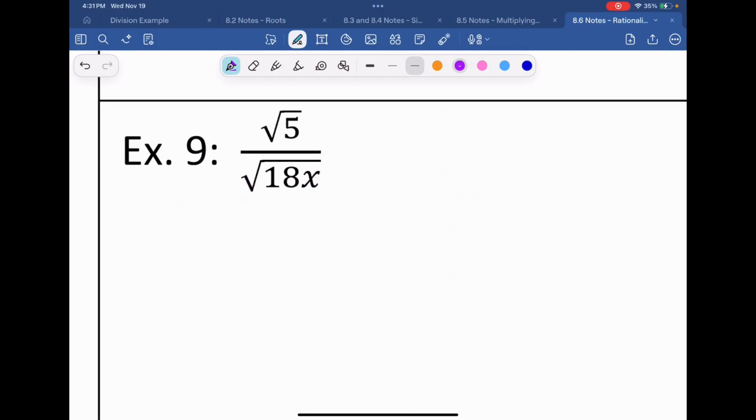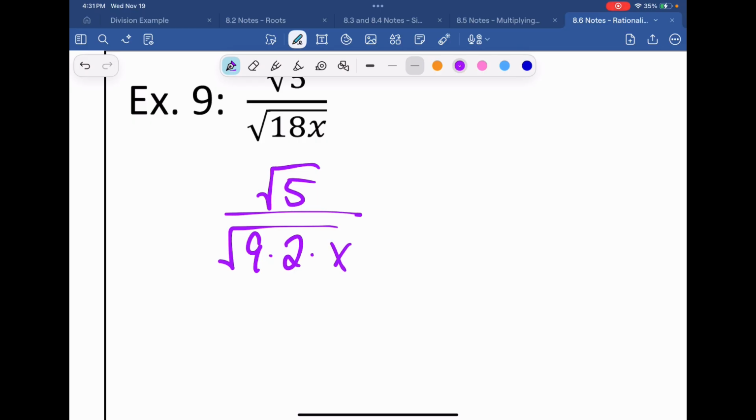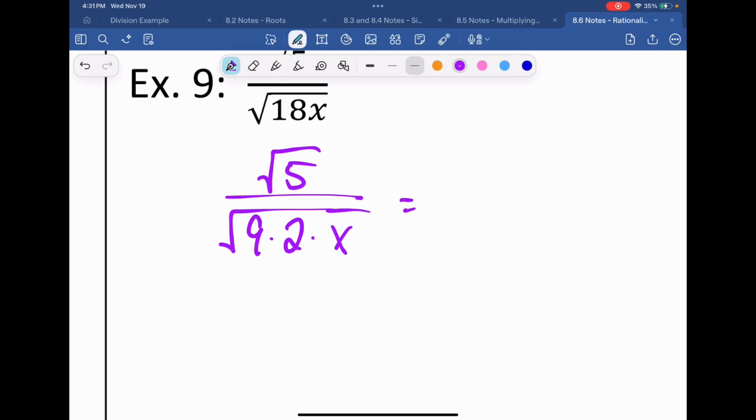All right, we want to simplify. Largest square into 18 is 9. And I can't really do anything with the x. Square root of 9 is 3. This has a 1 for an exponent, so we can't simplify it.